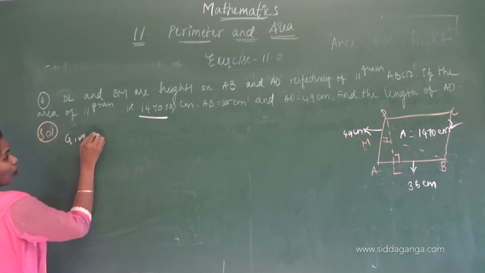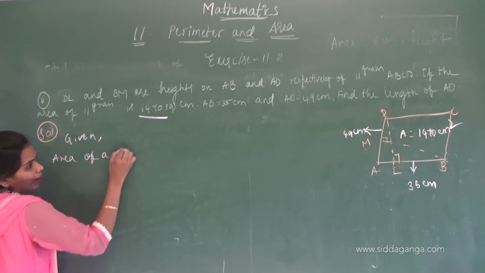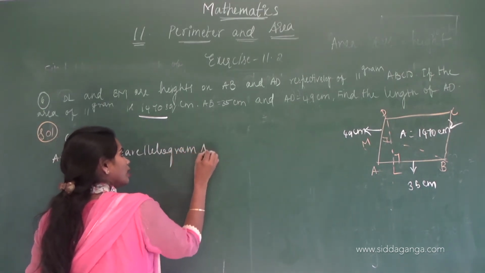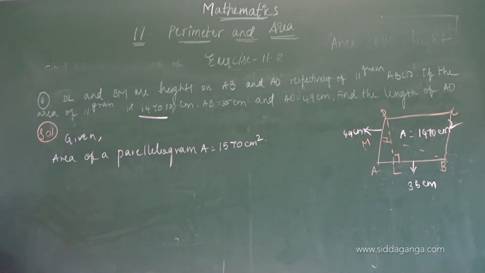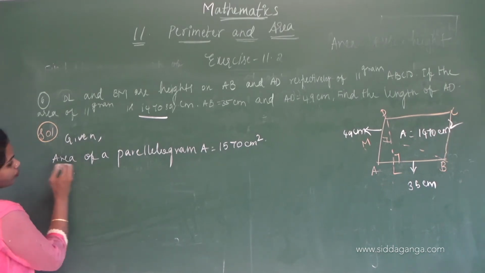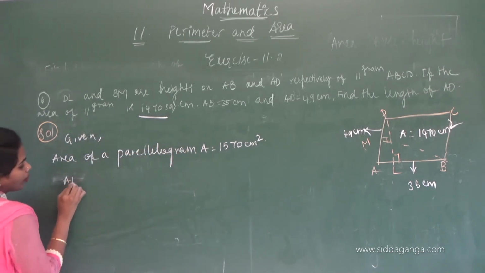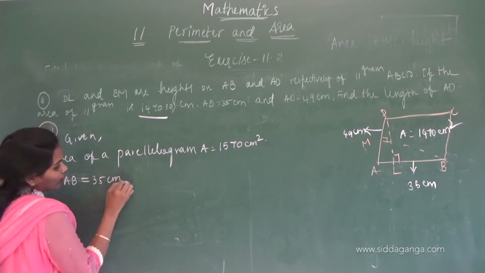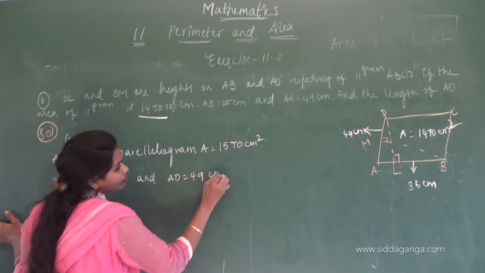What is given? First they are giving area of a parallelogram, A equals to 1470 centimeter square. Sorry. AB equals to 35 centimeters and AD equals to 49 centimeters.